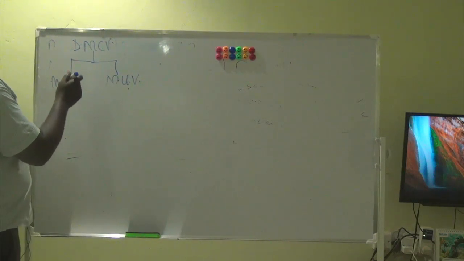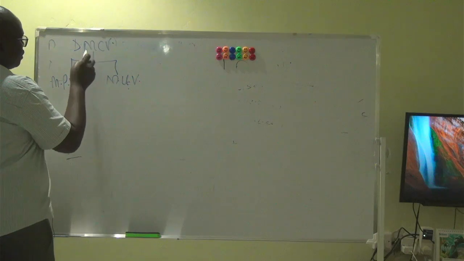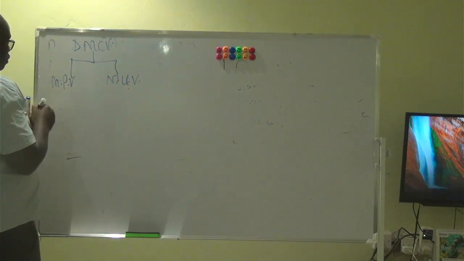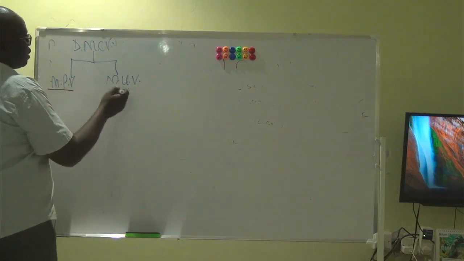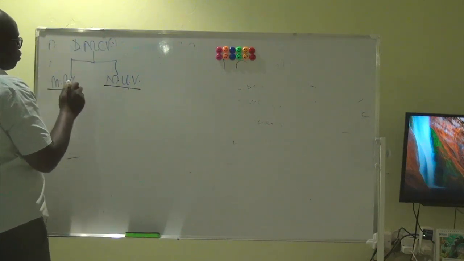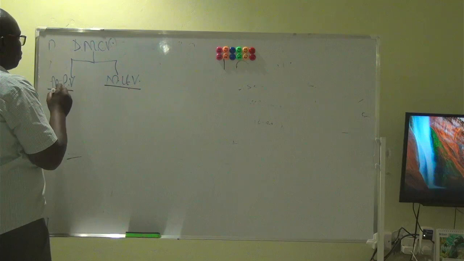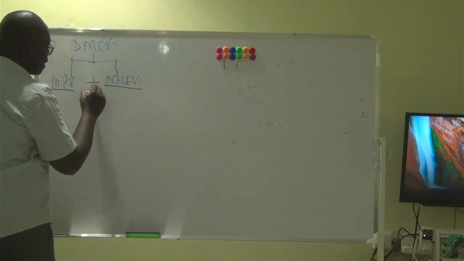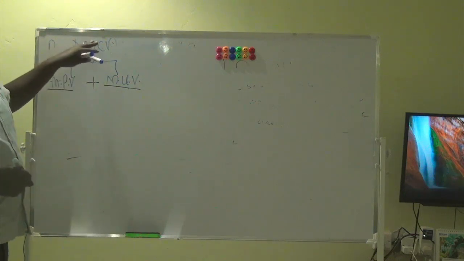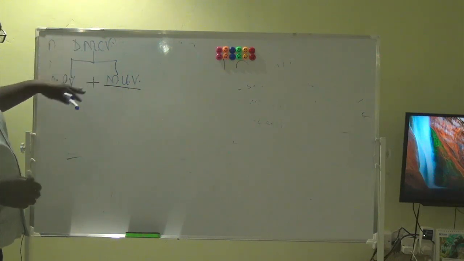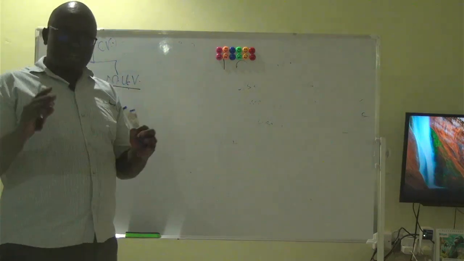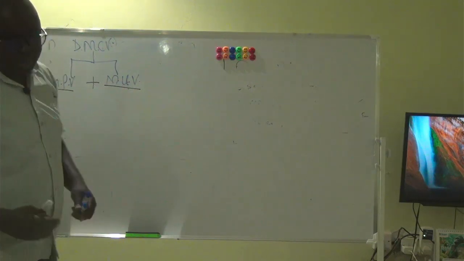So that means for you to get the direct material cost variance, it will have a component of the price variance and a component of the usage variance. So you will find the formula of direct material cost variance equals material price variance plus material usage variance. It will have those two elements.